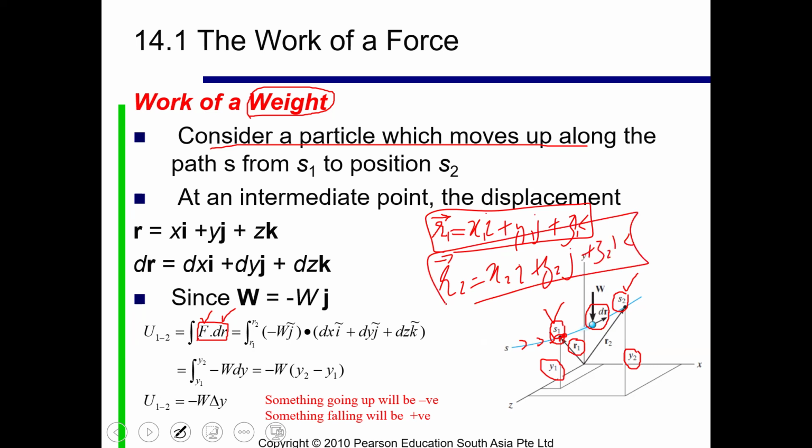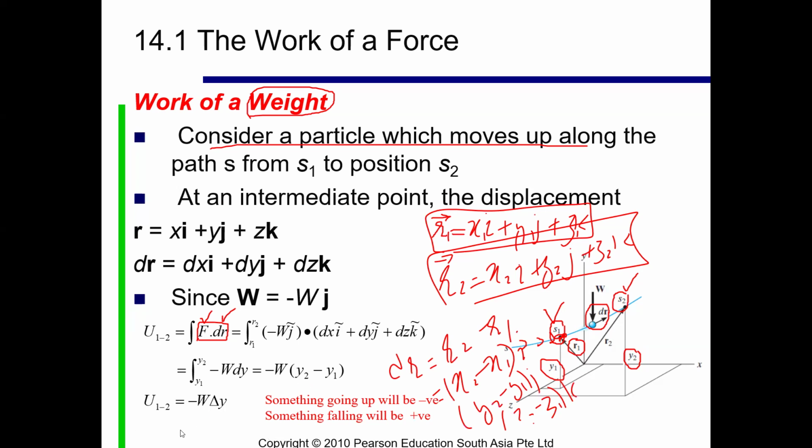And when you take R2 minus R1, this is equal to (X2 minus X1) i, (Y2 minus Y1) j, (Z2 minus Z1) k, right? So technically speaking, I can calculate the small differential displacement by using the same formulation, the one I have shown you now.